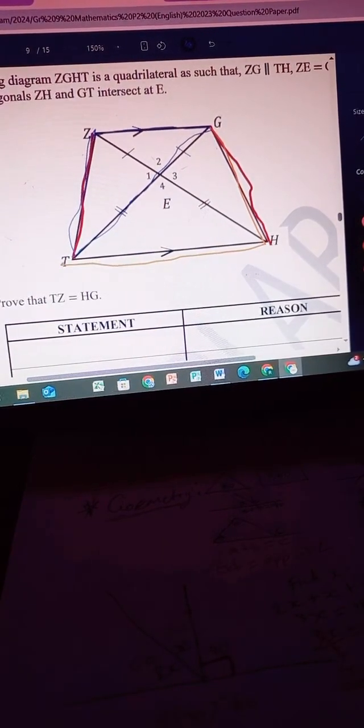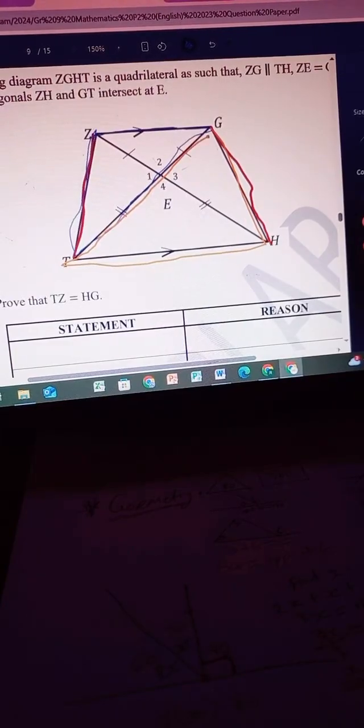Let's see. Let's try to draw again. You see this triangle, guys? This triangle is equal to this triangle. That's what they are trying to say.